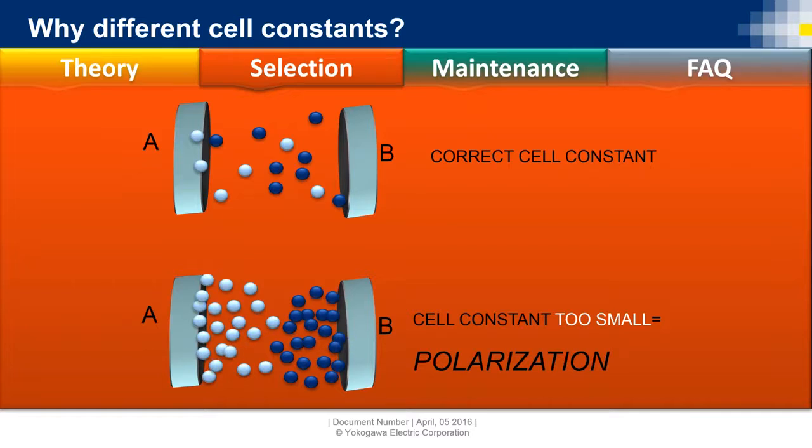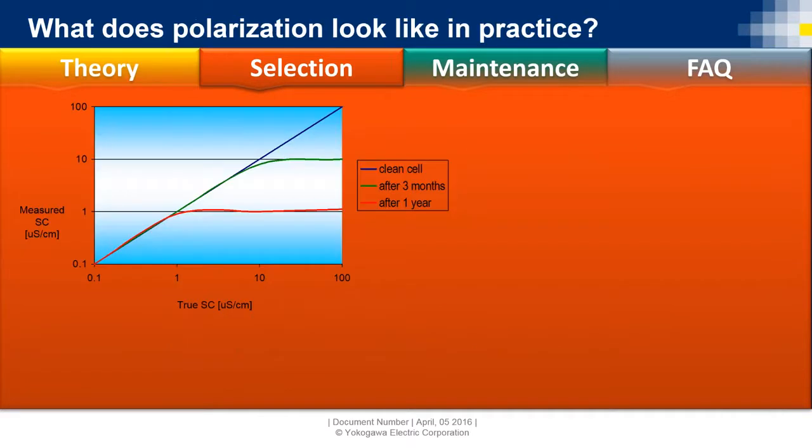Between our measuring elements, this is what we call polarization. If we pick the wrong cell constant for our application, then we're going to get polarization. And what this actually looks like is we're going to measure fine over a certain amount of time, and then at some point our measurement's going to become flatlined.